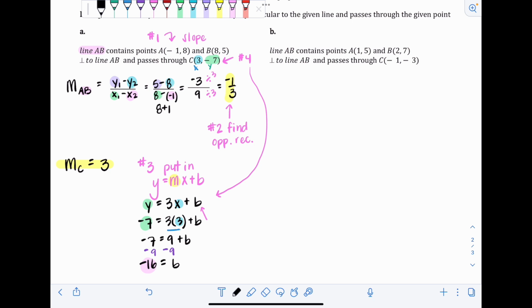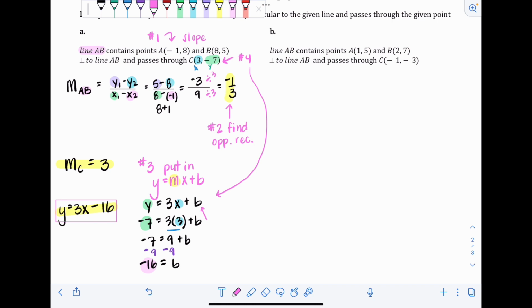So our final answer would be y equals 3x plus b, but b was negative 16, so y equals 3x minus 16. That is the equation of the line that is perpendicular to the given line but passes through 3, negative 7.